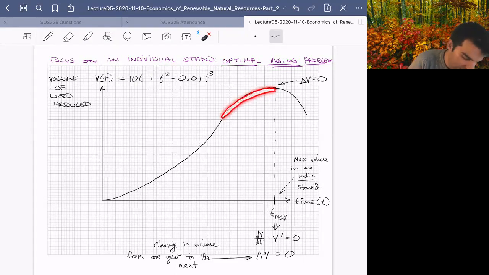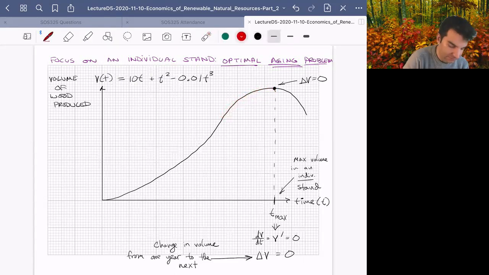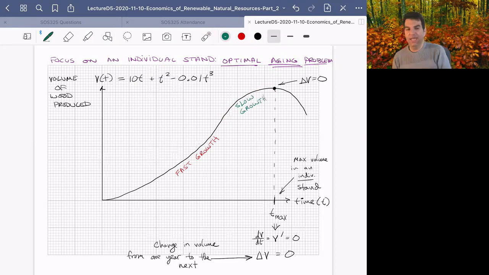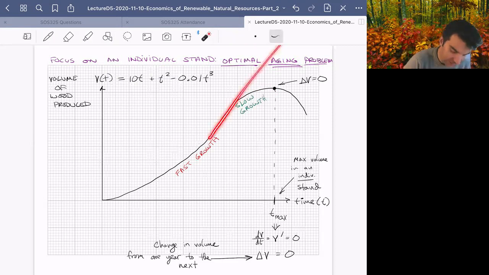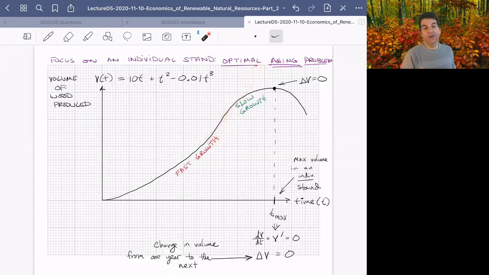Notice that we have fast growth in this region, and then we have slow growth and eventually halting growth entirely in this region. In the ideal world, we would take this fast growth and just let it keep going. Our trees would just keep growing more and more, and we would take longer and longer to harvest. But we don't have that, and we have this slow growth.